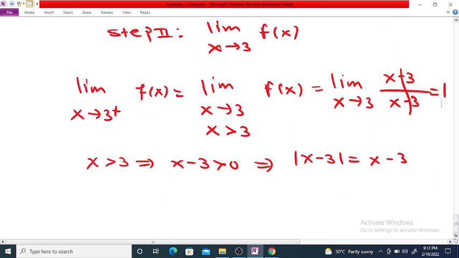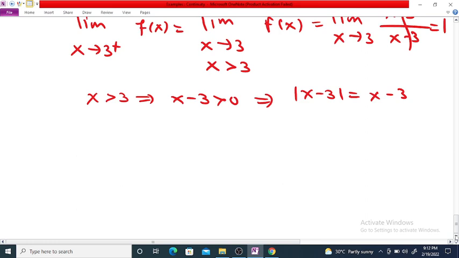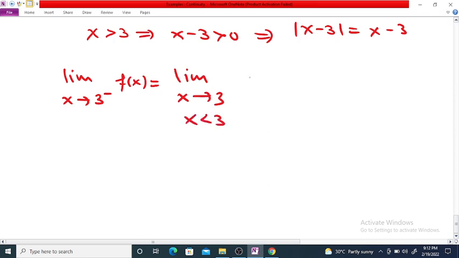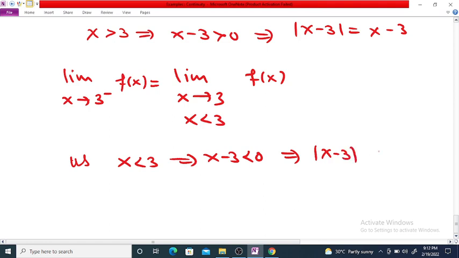Now if you consider the left hand limit, the limit as x tends to 3 minus of f(x) is equal to the limit as x tends to 3 with x less than 3 of f(x). Now as x less than 3 implies x minus 3 is less than 0, this implies mod of x minus 3 is equal to minus of (x minus 3).